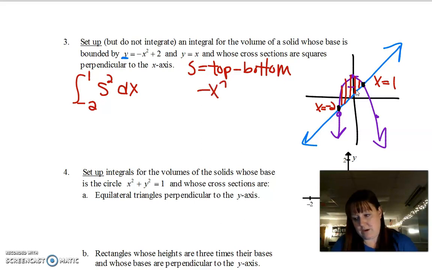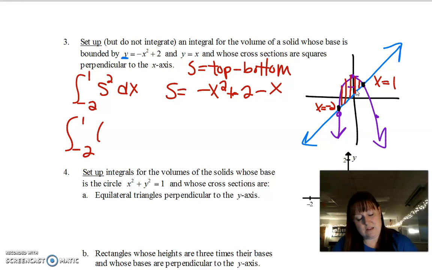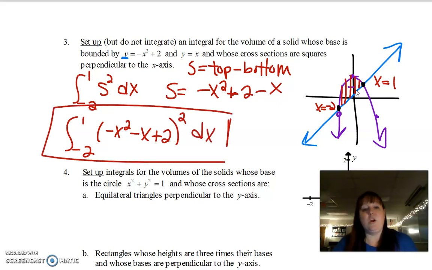Negative x squared plus 2 minus the bottom function, which is negative x. Hmm, that plus sign didn't turn out very well. That's what a side is, right? So we plug that in here for the side, and that's negative x squared minus x plus 2, squared, dx. So that is the setup for our integral.